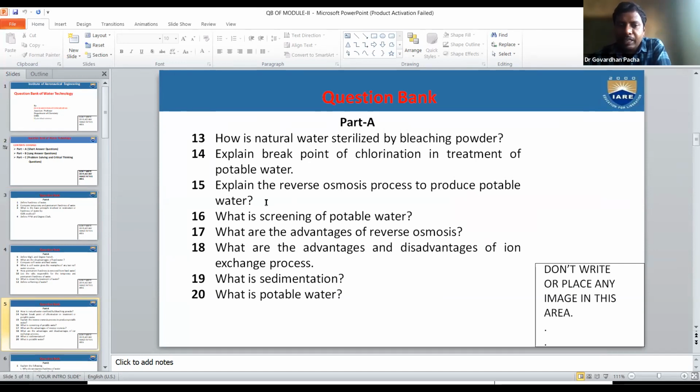And the next one is the 15th question. Explain the reverse osmosis process to produce potable water. We discussed the reverse osmosis process for potable water today. Okay, ma. Anybody tell me the definition of reverse osmosis?